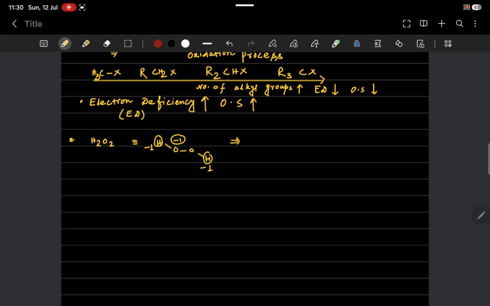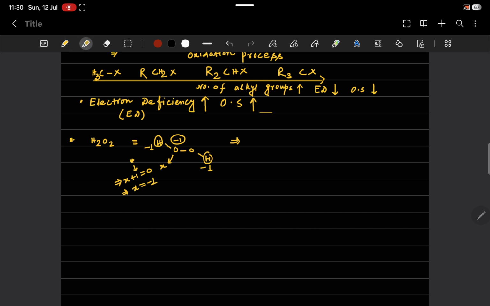And you can also do it in a different way. Let's say you consider X, then X plus 1 equals 0. This is for hydrogen. The direct method is different, the indirect method is different. X minus 1.